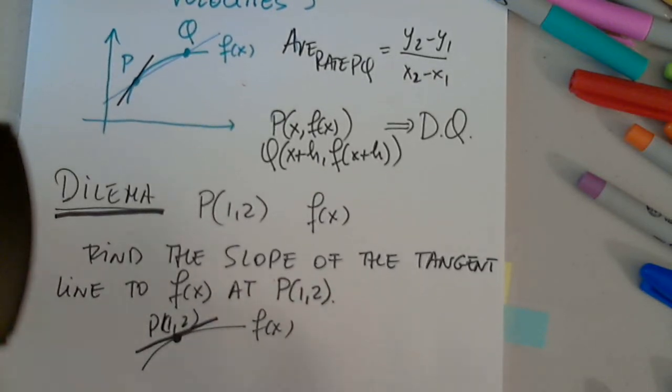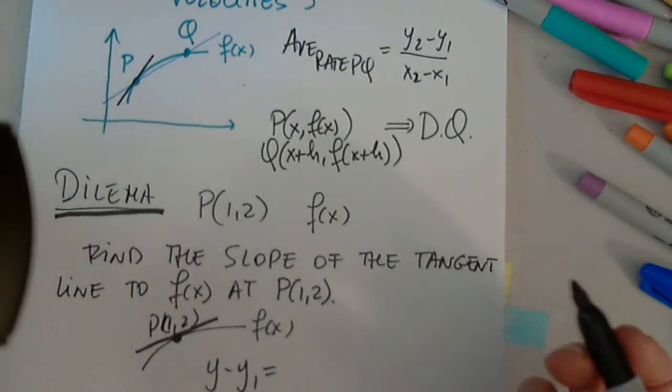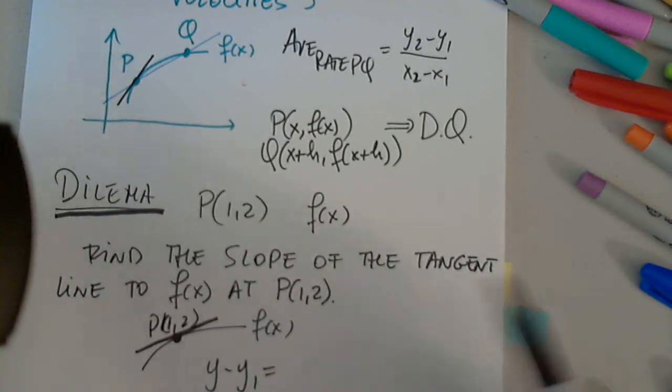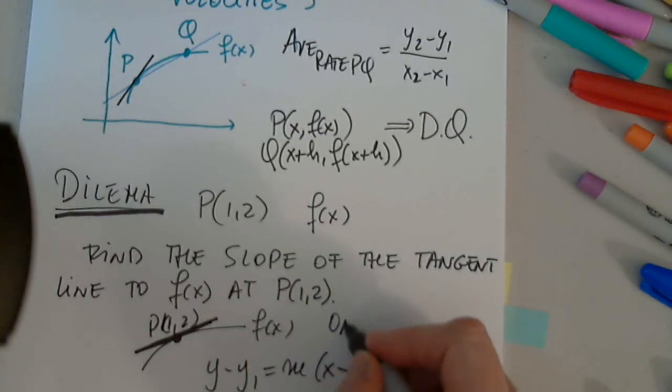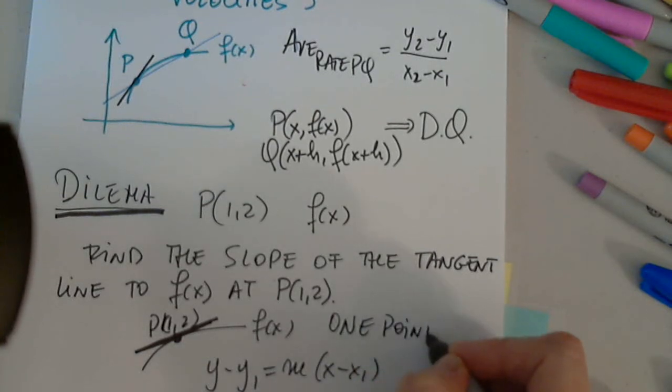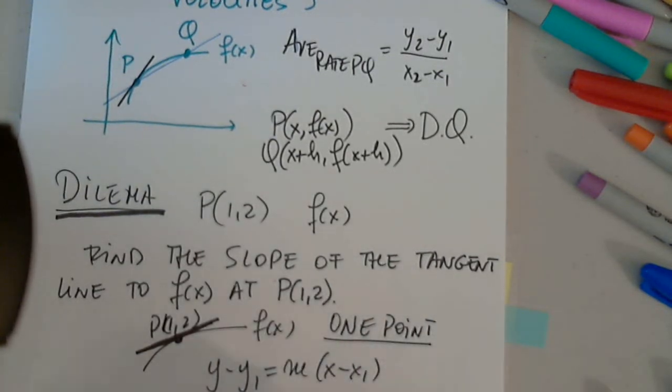And you can say, not a problem. You have y minus y1 equals the slope times x minus x1. And the problem is that I only have 1 point. With 1 point, I cannot find the slope. And if I cannot find the slope, I cannot find the equation.